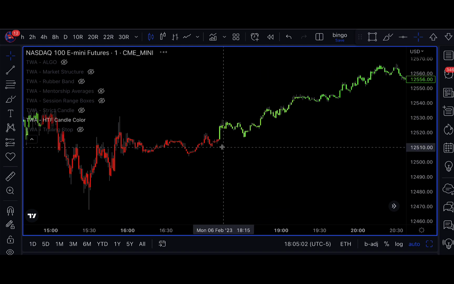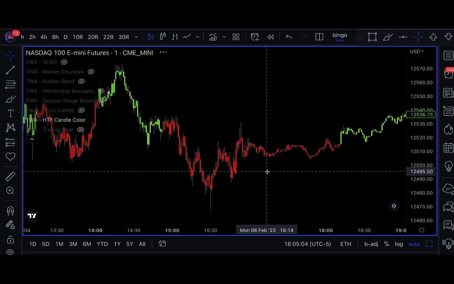So this is 100% non-repainting, meaning what you see live is what you see to the left. You're not going to find this anywhere. I'm very confident in being able to tell you that. And if you do find an indicator for higher time frame candle coloring that you really like and really enjoy, let me know.